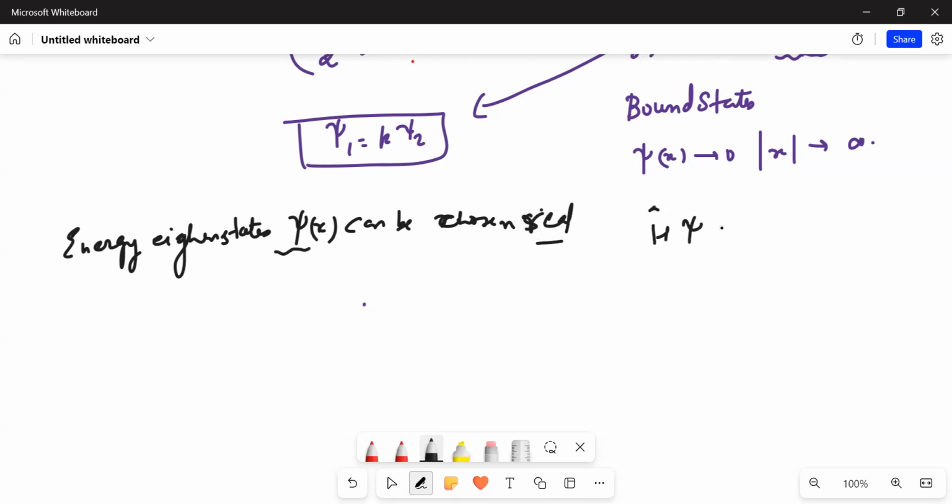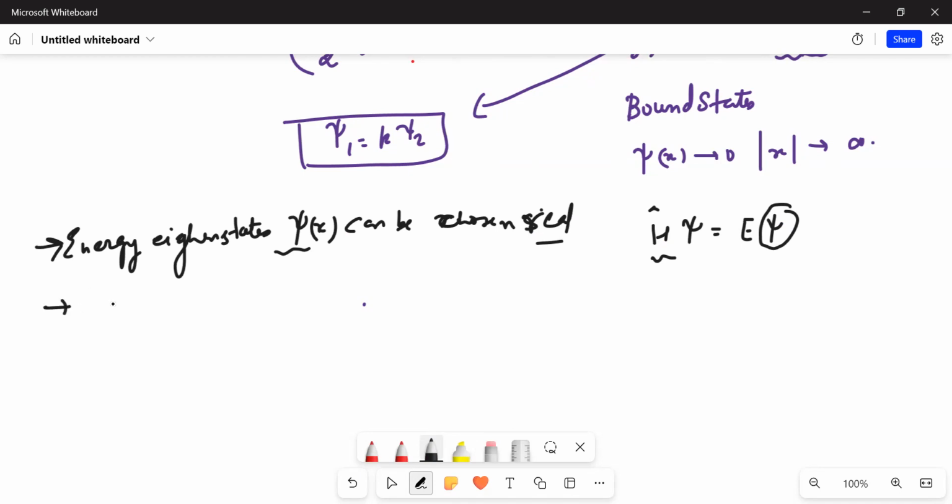Because these are satisfying this equation, so they are at times also referred to as energy eigenstates. So don't be confused. They can always be chosen real. This is something that we have done in the previous lecture.